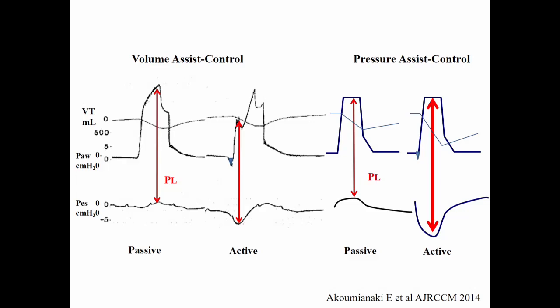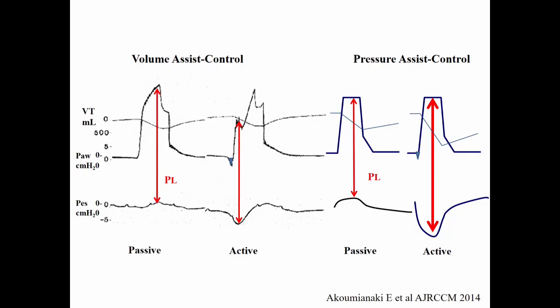Next slide. What I've been describing to you is mostly during volume assist control, because as I said, during volume assist control, the patient effort is directly transmitted to the airway. During pressure assist control, you can also have double triggering, but you don't have the same consequence of an effort because the ventilator will increase the flow to maintain the pressure.